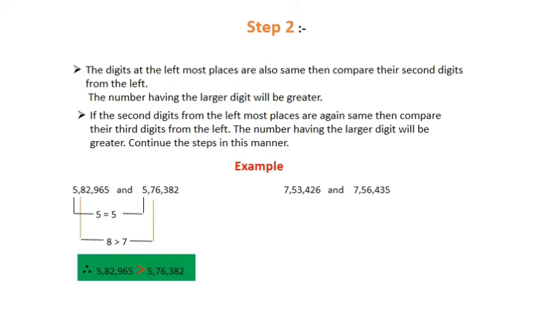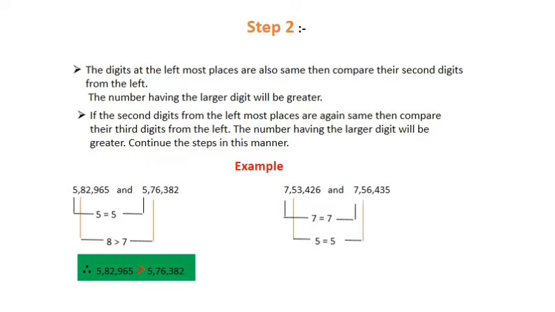Okay, now let's take another example. Here we have taken 2 numbers, both 6-digit numbers. Now what do we have to see? We have to see the leftmost place. In this number the leftmost place is 7 and in the second number the leftmost place is 7. Again both are equal. Now we have to go to the second digit from the leftmost place.